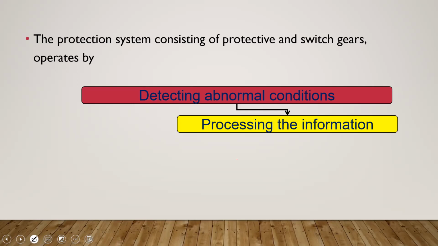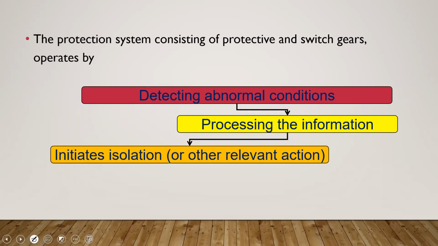We detect, but we have to process. We have to ensure that what is being conveyed in terms of information is accurate, because you want to be sure that the action taken is based on credible or solid information. So we process the information.